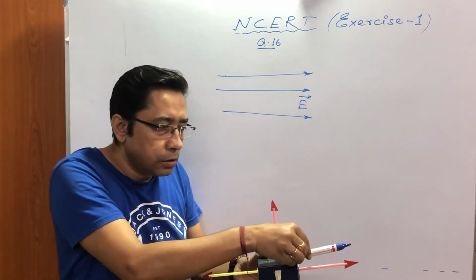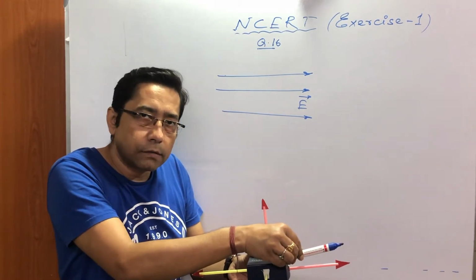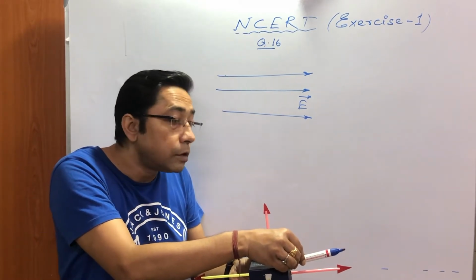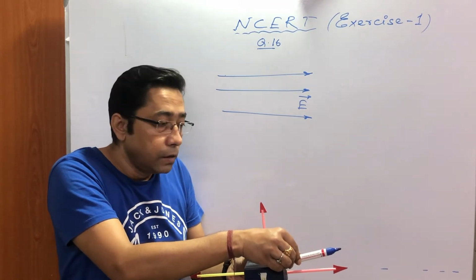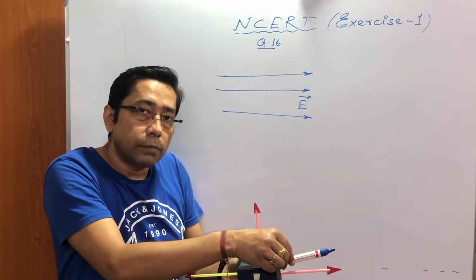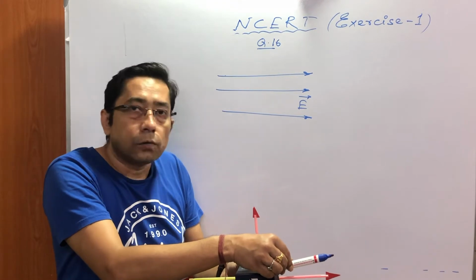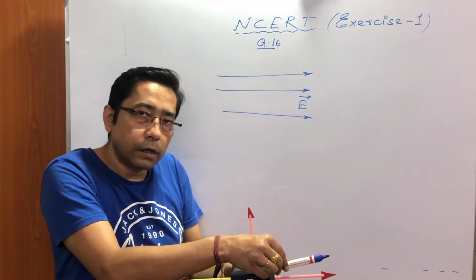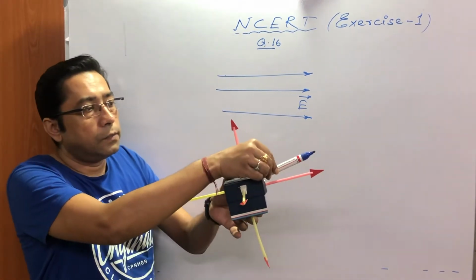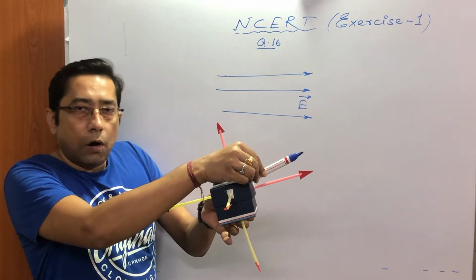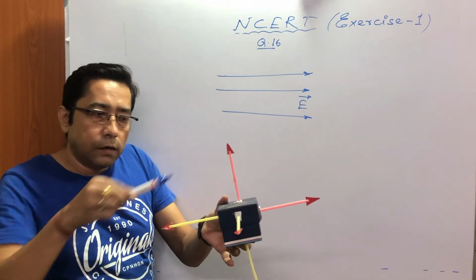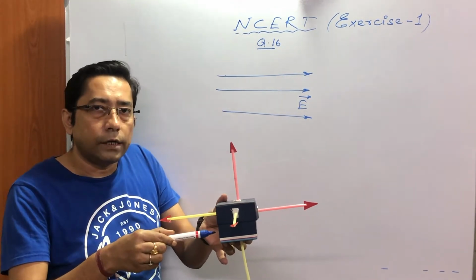So the direction makes 0 degree with the direction of the electric field. So here E dS cos theta becomes E into S only, since cos 0 degree is 1. So this is ES. Here it will be minus ES because cos 180 degree is minus 1.